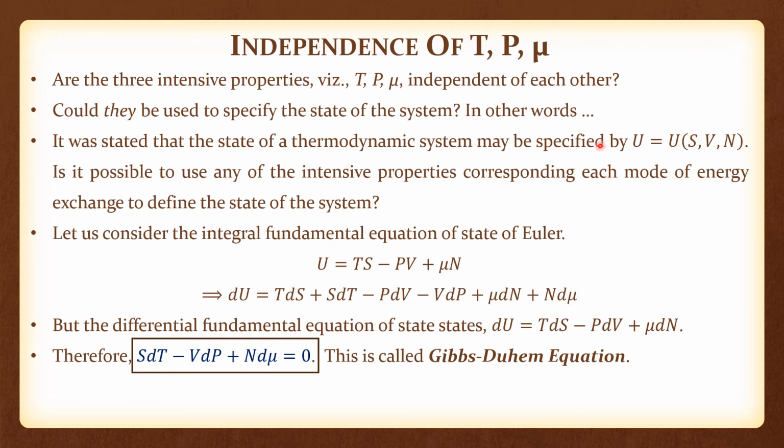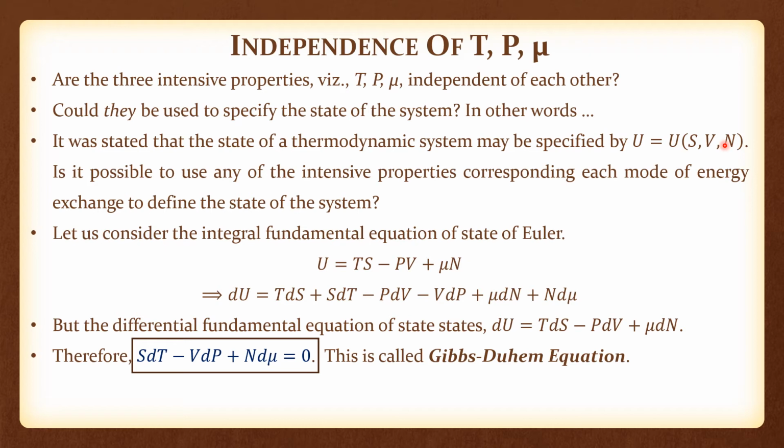However, one can never specify the state of a system exclusively by using intensive properties alone. That makes sense because if I use only intensive properties, there is no independent variable that captures the size of the system, the scale of the system, isn't it?